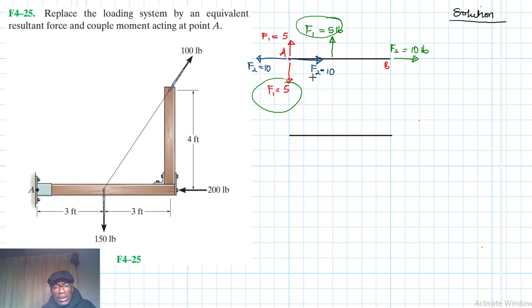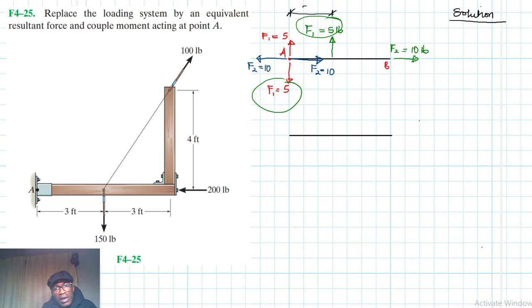So a couple moment is produced by two non-collinear parallel forces whose magnitudes are equal, and the two forces are separated by a perpendicular distance between them.